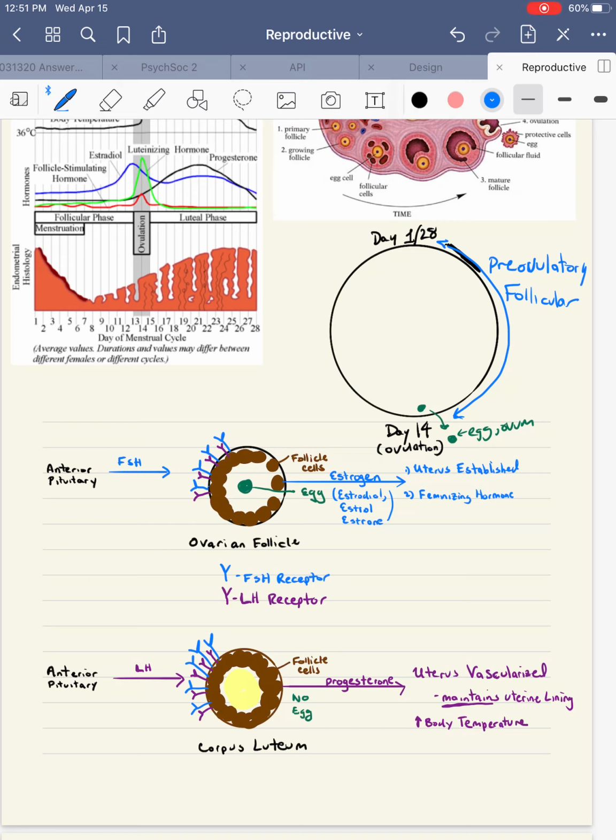Why do you think it's called the follicular phase? Because there is a hormone that acts primarily on the follicular phase called follicle stimulating hormone, also known as FSH. Right? And it's going to stimulate the ovarian follicle. We're going to talk about what this ovarian follicle is in a second.